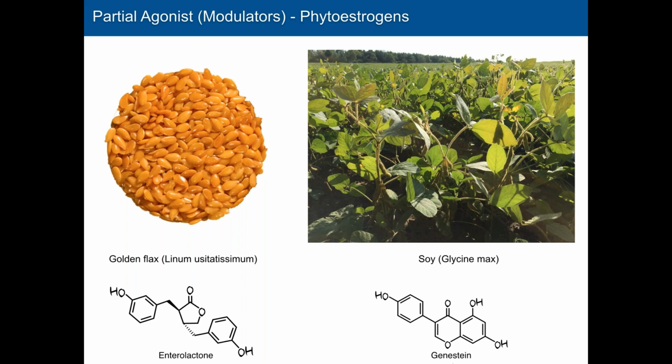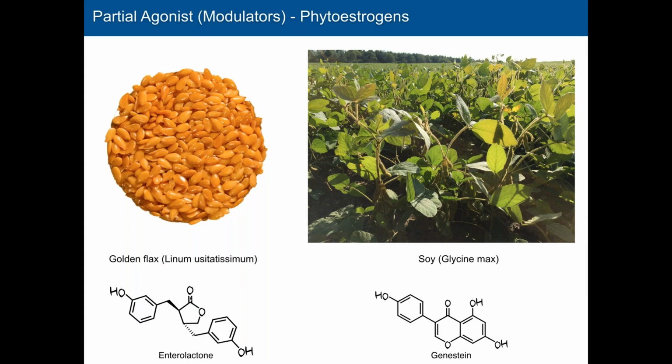Even though structurally genistein and enterolactone are different classes of phytochemicals, as I mentioned before, you can see three-dimensionally there are a few things here that I think are really important for interacting with this estrogen receptor. They both have those two OH groups that seem to be required for that interaction with the receptor to have some kind of agonist or partial agonist effect.